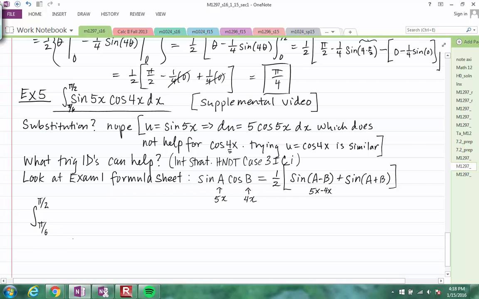Instead of writing sine of 5x times cosine of 4x, I'm going to write the right-hand side of this identity with the 5x and the 4x plugged in for A and B respectively. So my 1/2, hopefully I don't forget that, sine of 5x minus 4x plus sine of 5x plus 4x.